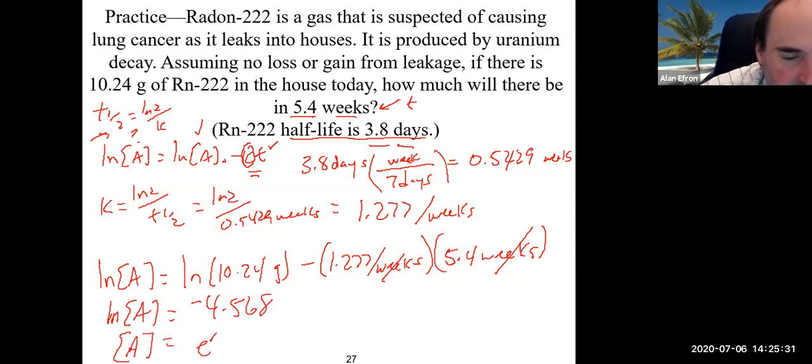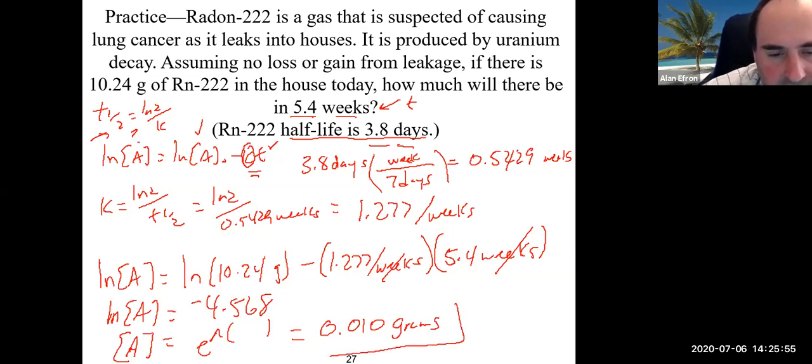We're going to take the e of both sides. That's going to give us e to this number up here, and if we do that, we'll call it 0.010. The units here would be grams, just like the original units, give or take.